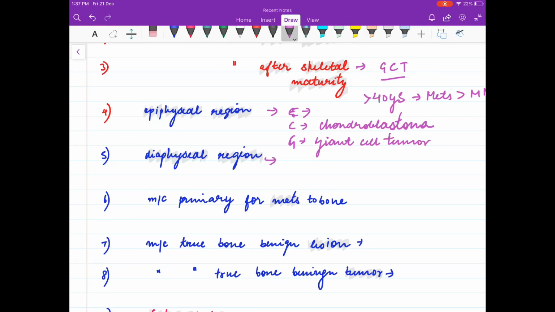Tumors of the diaphyseal region are osteoid osteoma, Ewing sarcoma, adamantinoma.